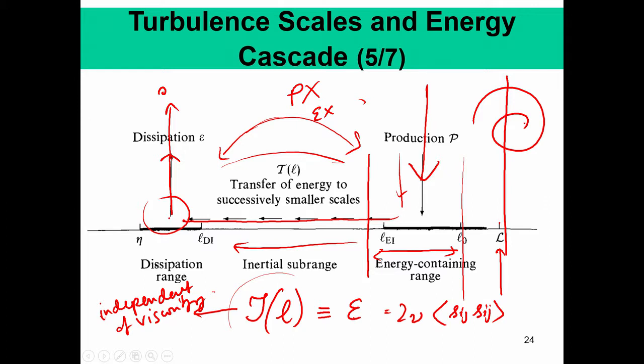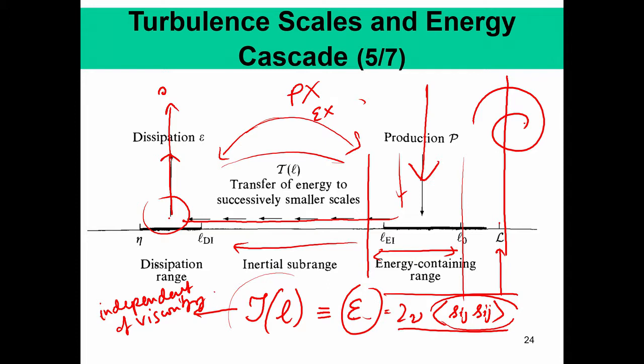Because the dissipation rate has to be equated to this transfer rate, it becomes essentially independent of viscosity, though it is explicitly dependent on viscosity through these terms. The only way that can happen is that if you change the viscosity, this quantity also adjusts in such a manner that the whole quantity becomes independent of viscosity.